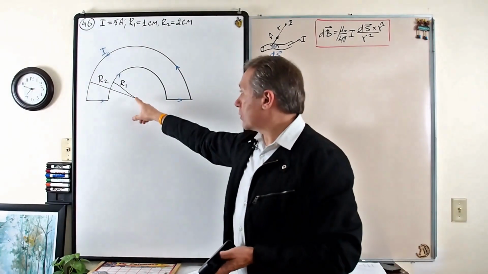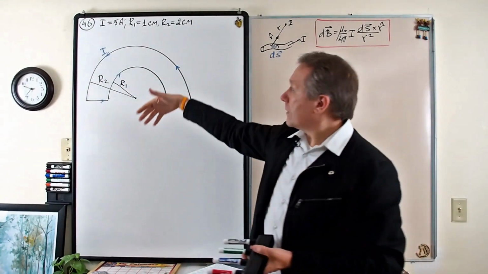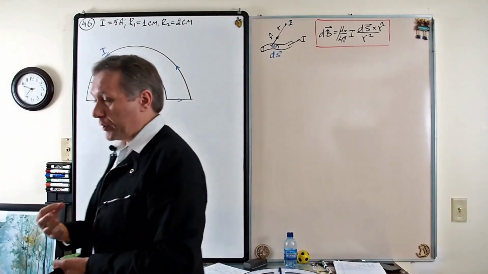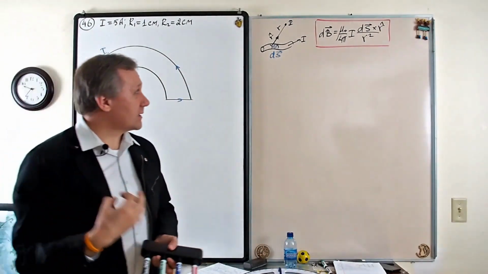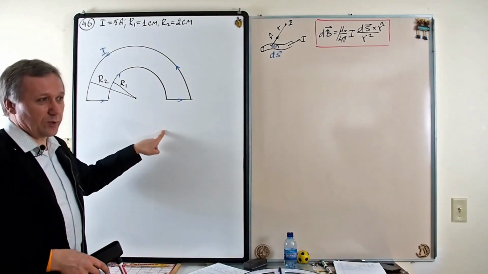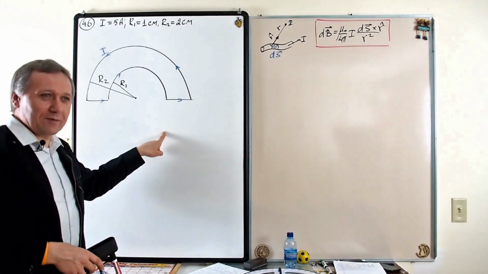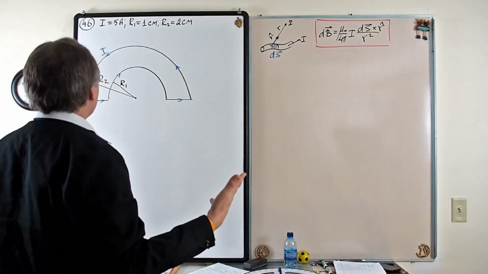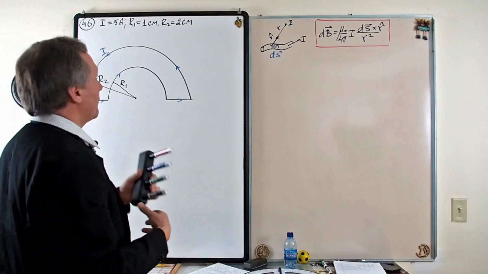Because at that point the system is reasonably symmetrical, so the calculations are going to be reasonably simple. If somebody asks you to calculate the magnetic field, for example, at this point, it will be significantly more complicated.